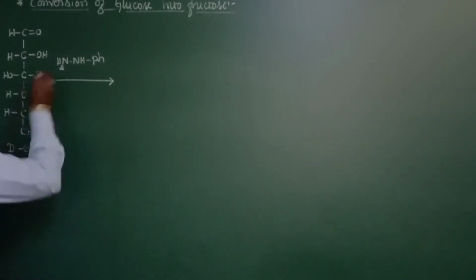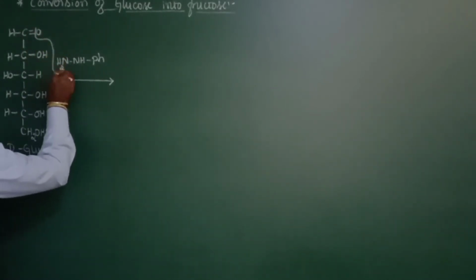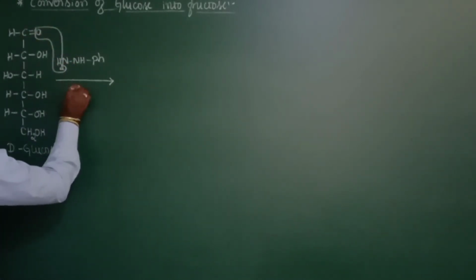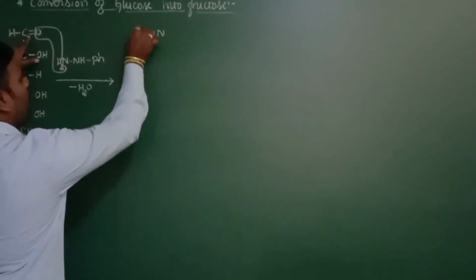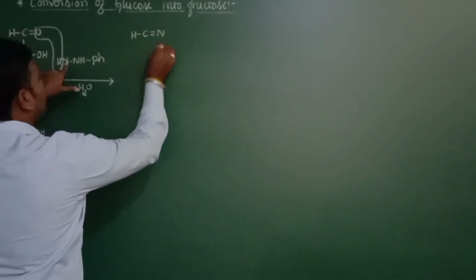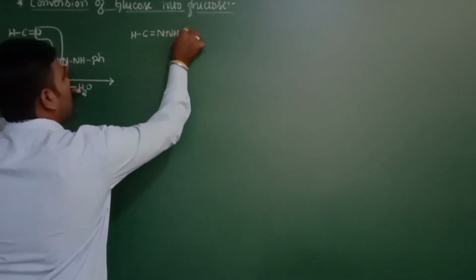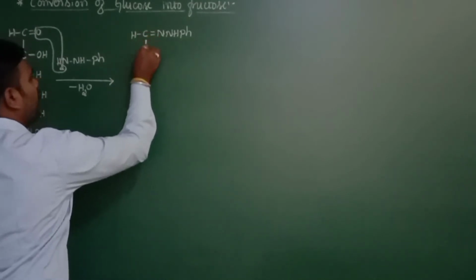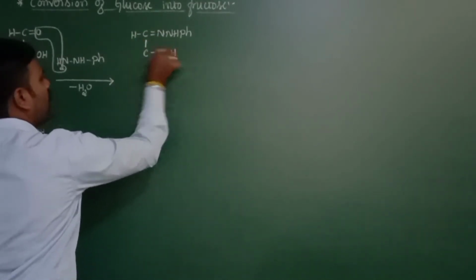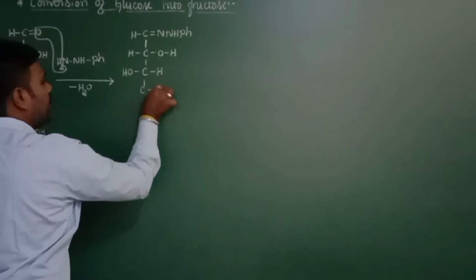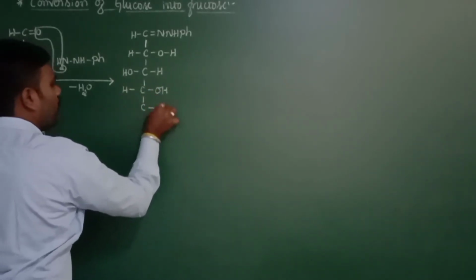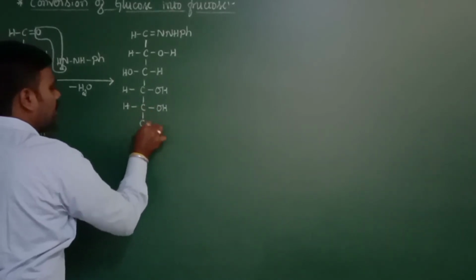PhNHNH2. This is the simplified structure of phenyl hydrazine, and this doubly bonded oxygen will combine with the two hydrogens, and that results in the elimination of one molecule of water, and that results in the formation of C double bond N. H will remain as it is, and here it is NHPh, and here C, OH, H, C, H, OH, C, OH, H, C, OH, H, and CH2OH.